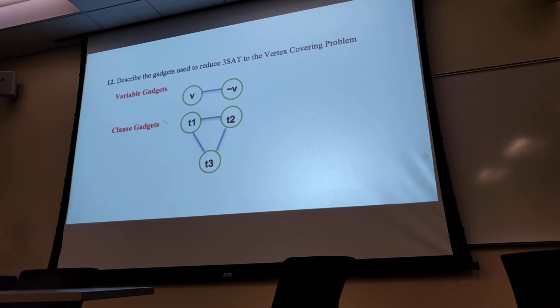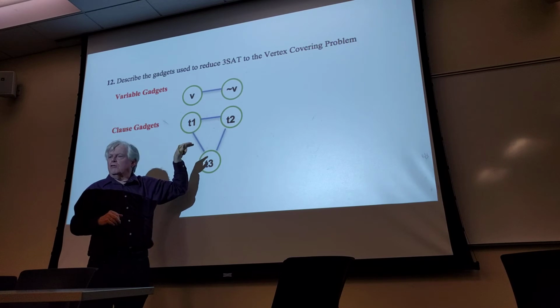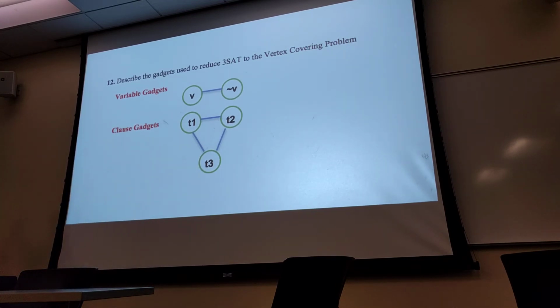The reason that's optimal is you've got to choose one of these variables up here to cover the edge between those 2, the variable and not the variable. So you have that as a minimum, 1 per variable, and you have to choose 2 nodes here to cover the 3 edges there. So that's the absolute minimum. And then what happens is you add a bunch of other edges.